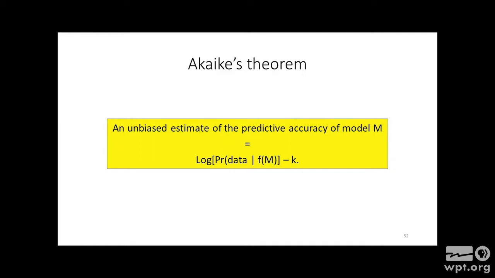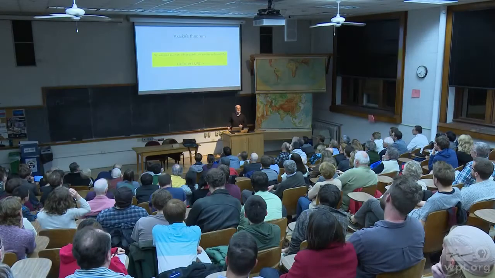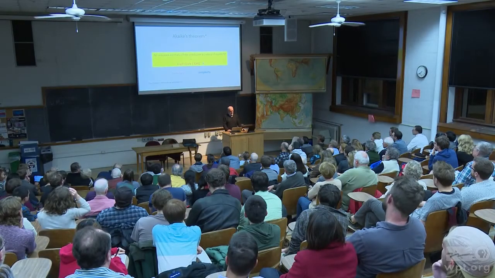The reason the AIC was invented is that Akaike proved a theorem. This is the mathy part. He proved, based on some assumptions, you always need assumptions to prove stuff, that an unbiased estimate of the predictive accuracy of a model is equal to, forget about the log thing, the probability of the data given the fitted model minus k, where k is the number of adjustable parameters.